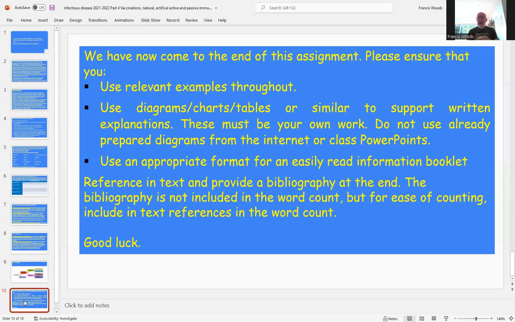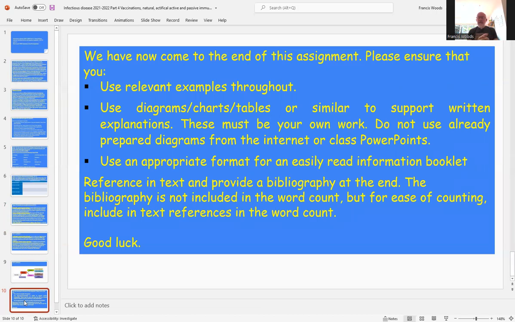Look on the internet. Make sure you reference all of them. It must be your own work. Do not use these slides. Please get used to doing your research, because it's an important skill for you when you move into uni.